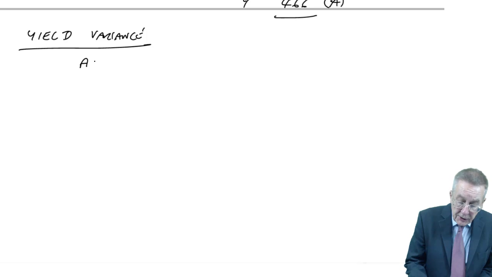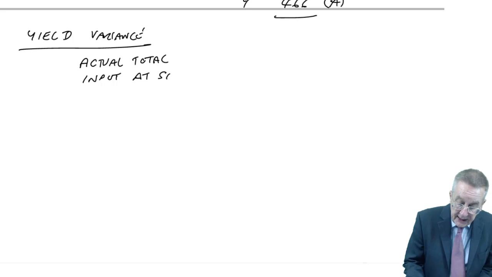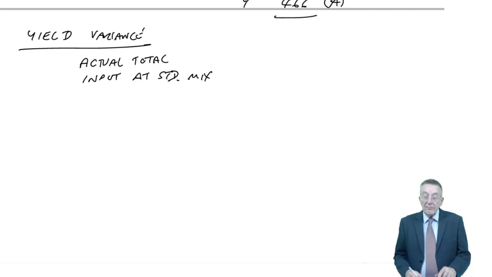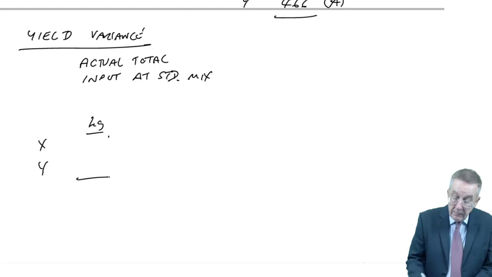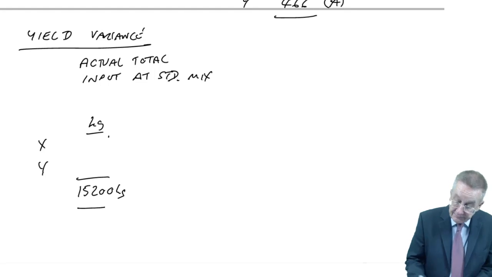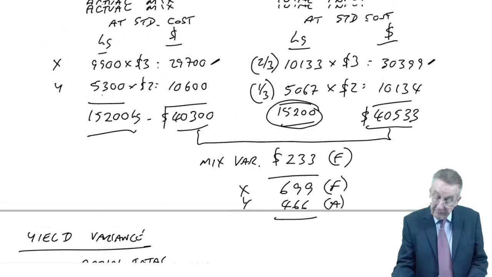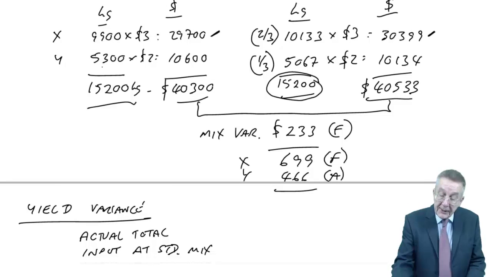We take the actual total input at standard mix. Let me just write that down before I go any further. X and Y. The actual total input was 15,200 kilos. And how should we have mixed it?